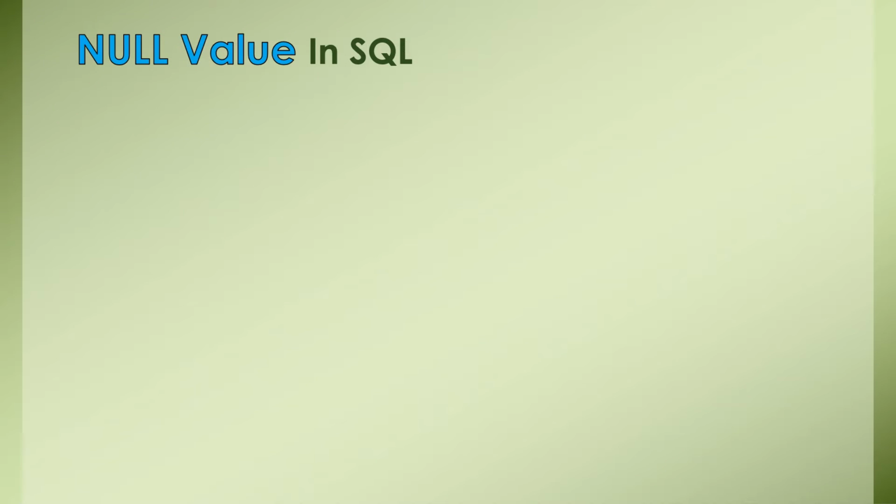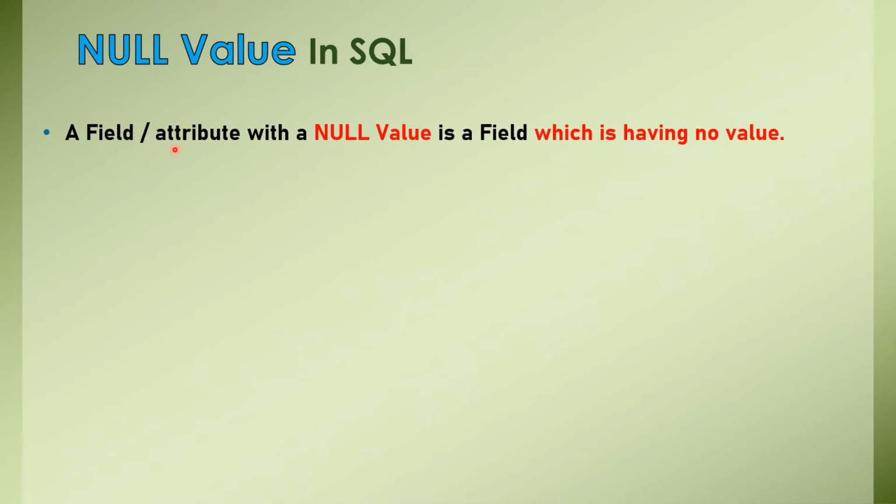So what is null value in SQL? A field or an attribute, meaning a table column, with a null value is a field which has no value. If in a table, in any particular column, the value is not present, if you don't give any value to a particular field of a record, then we say that the field contains a null value.